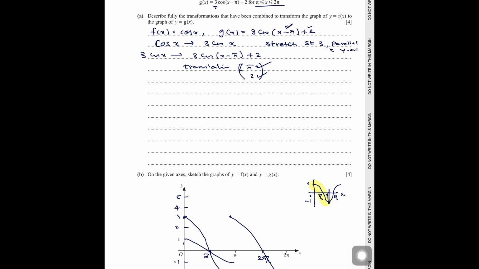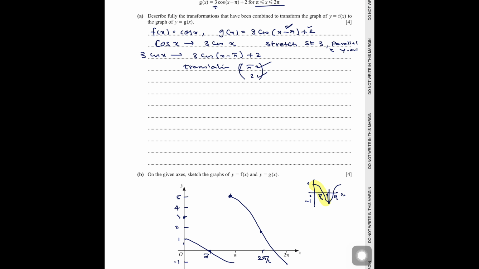So this point which was at 3 now goes to 5. This point which was at 0 is at 2 now, because everything goes up by 2. And -3 goes to -1. So now my graph looks like this. I will remove the parts which are not necessary. So that's my graph.